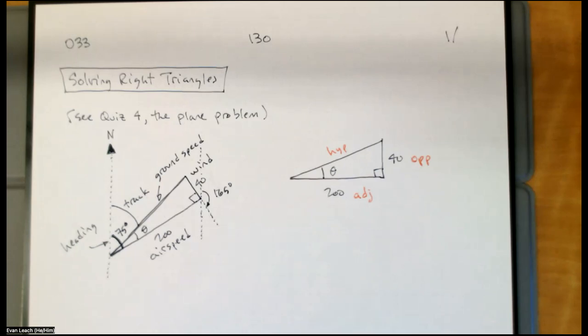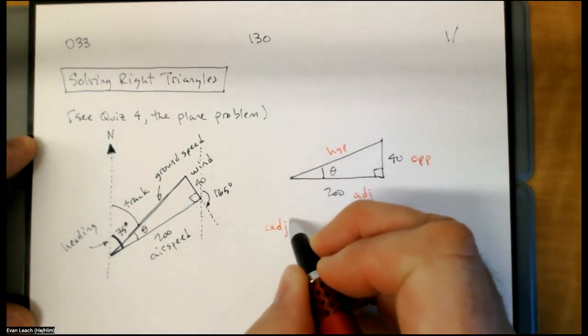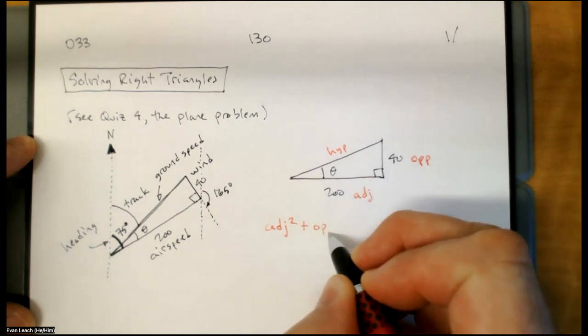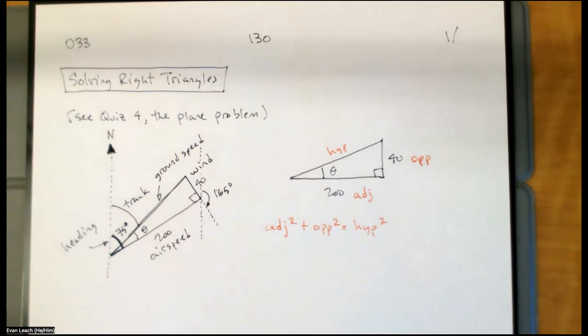First thing we might want to find is the hypotenuse. I've got two sides of a triangle. Let's use the Pythagorean theorem and find the third side. So the adjacent squared plus the opposite squared is the hypotenuse squared. We can use the Pythagorean theorem to find the hypotenuse.